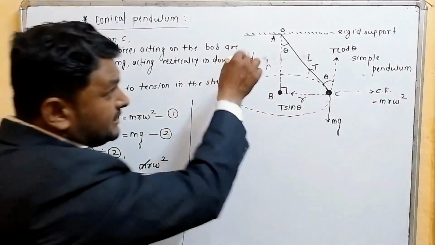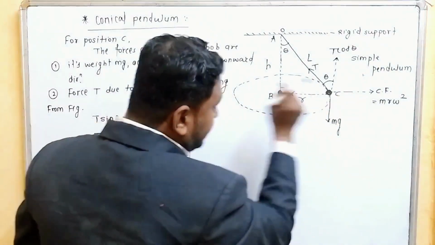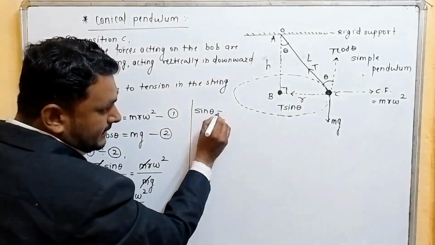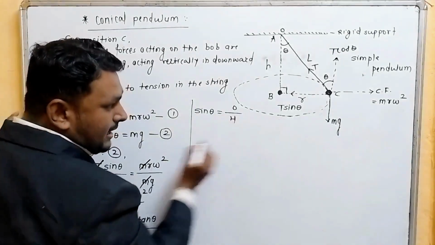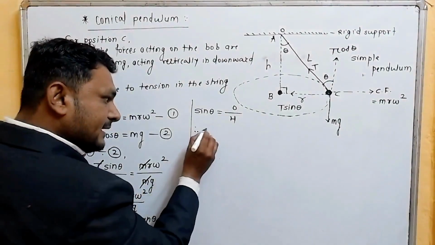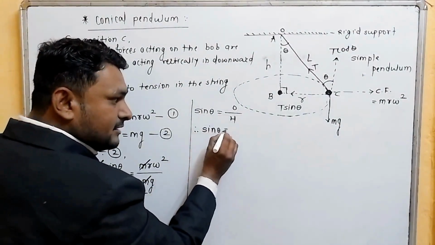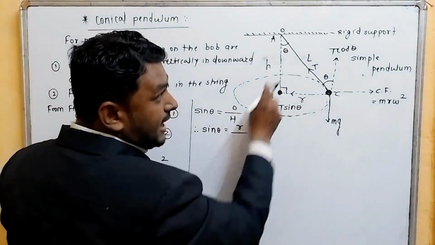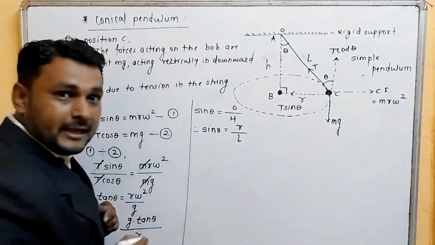Okay. Now see the right angle triangle ABC. What will be the sin theta? Yes, sin theta is opposite side divided by hypotenuse. Therefore, we can write sin theta is equal to, what is the opposite side? This is r. What is the hypotenuse? That is L, the length of the string.